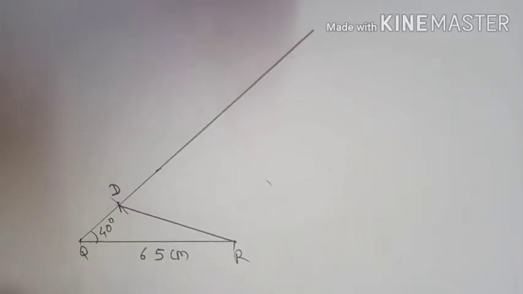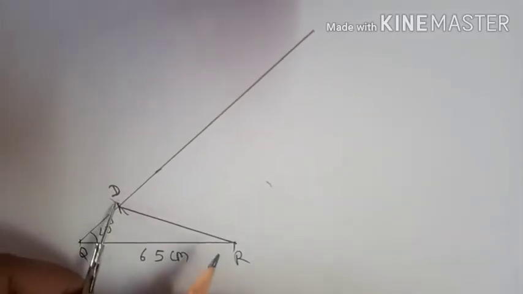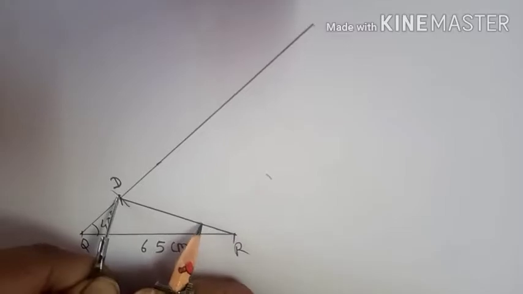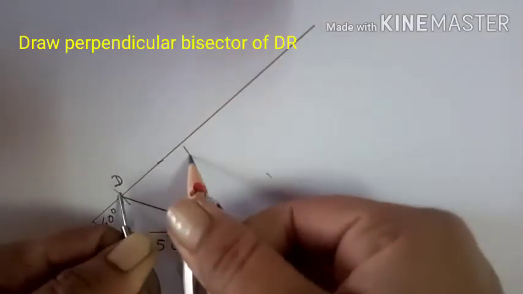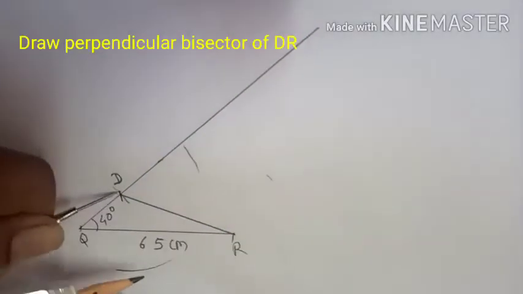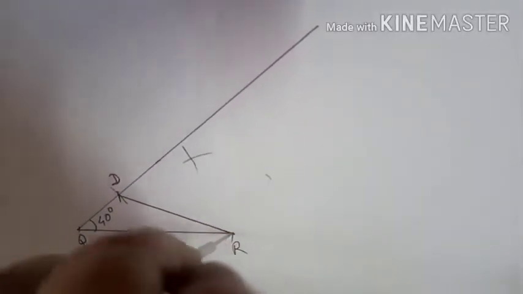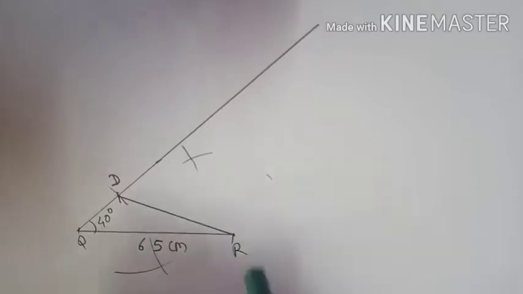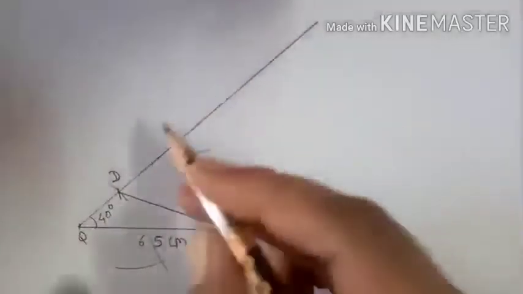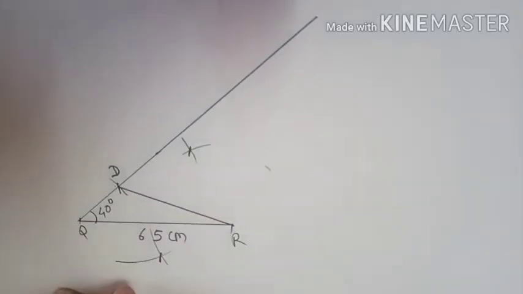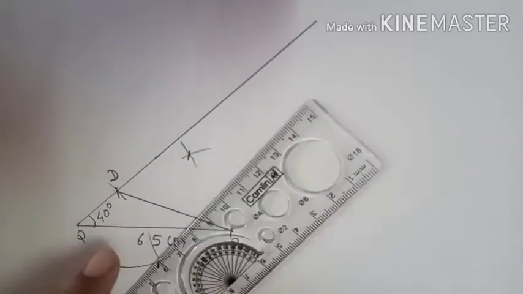Now we have to draw the perpendicular bisector of DR. So for that, take in the compass more than half the distance of DR. One end of the compass will be on point D and make the arc above and below DR. With the same distance from point R, make the arc intersecting the previous arc.